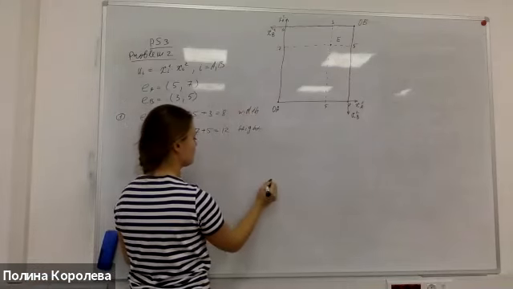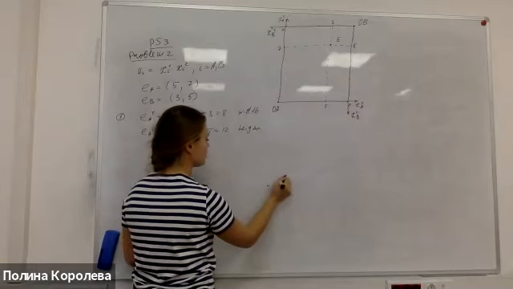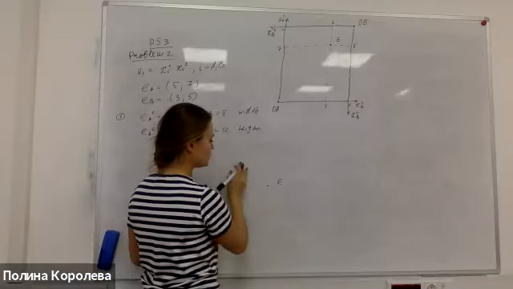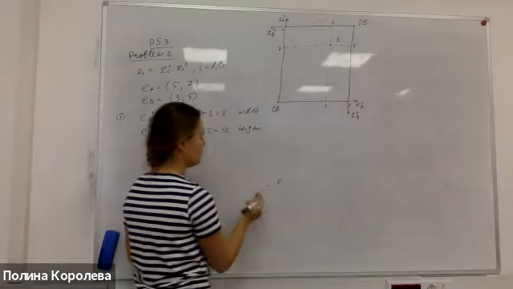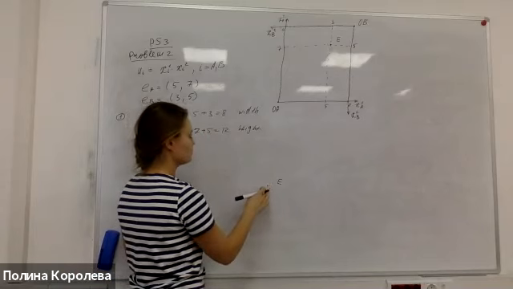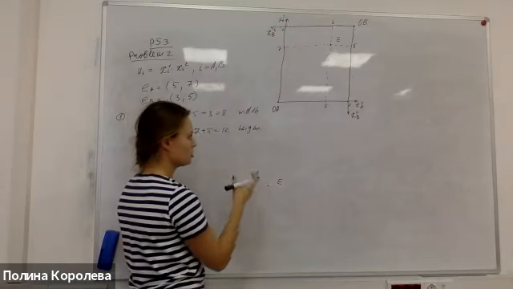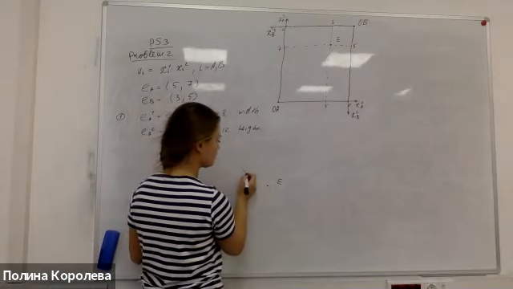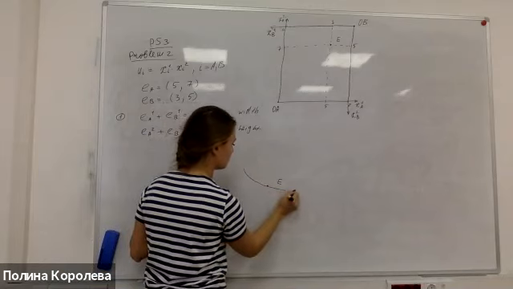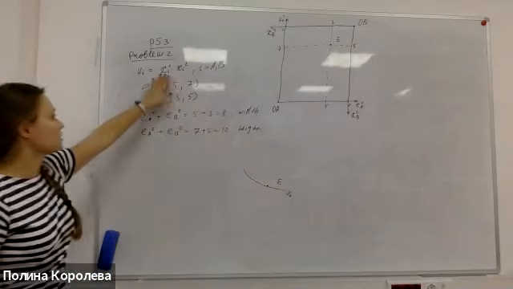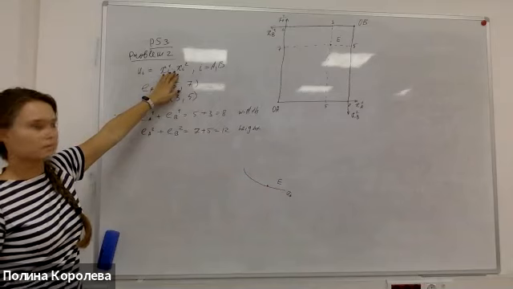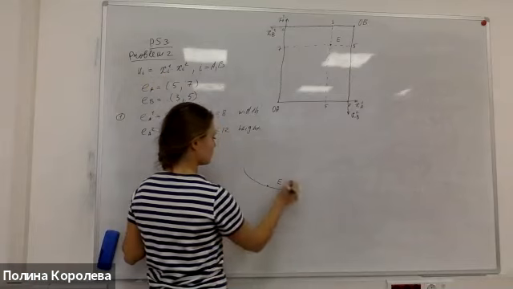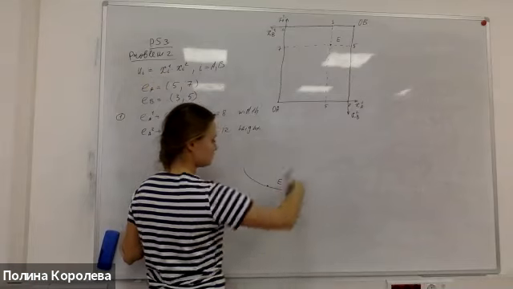For example, if this endowment point is somewhere here, for example, from this allocation, each individual gets some level of utility. Yes, so we have here the indifference curve for individual A, and we know that the shape of this indifference curve is a hyperbola, yes? And the utility grows this way.